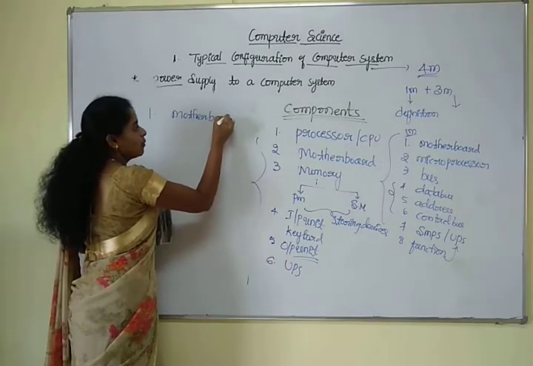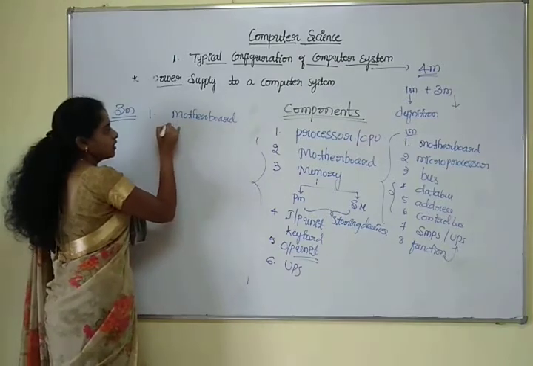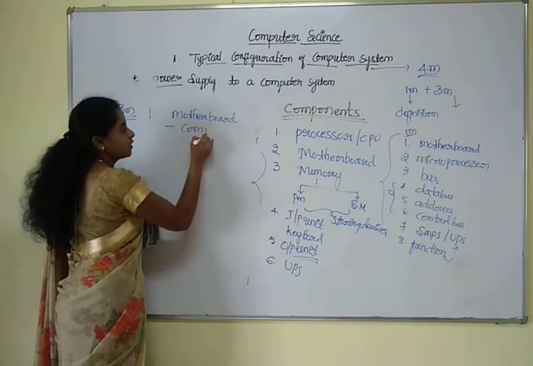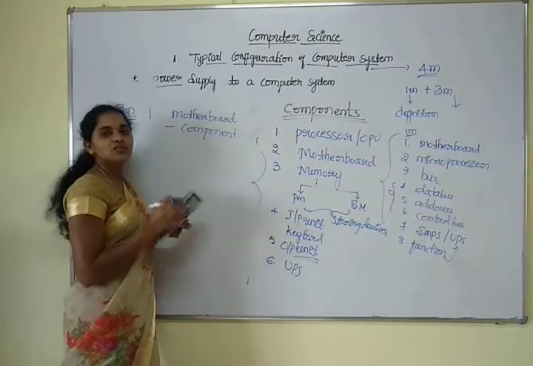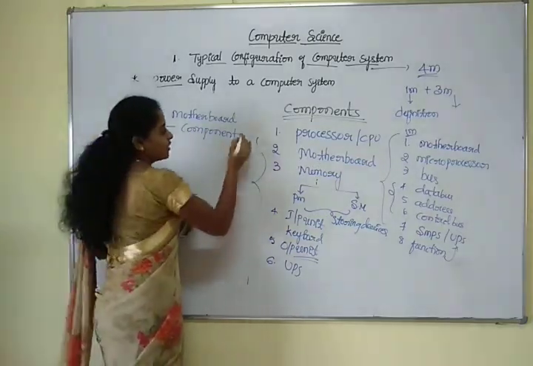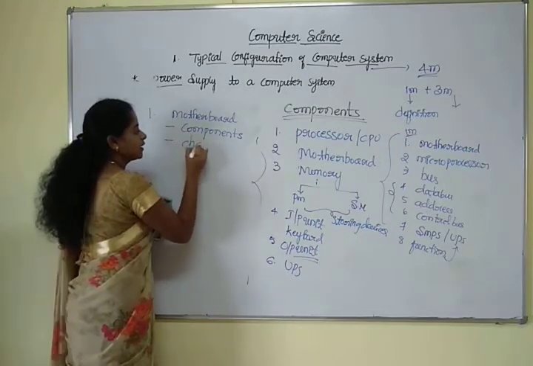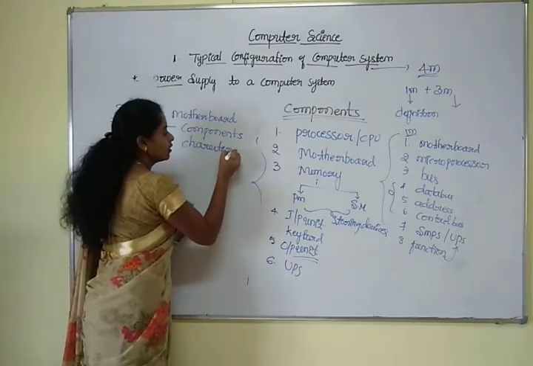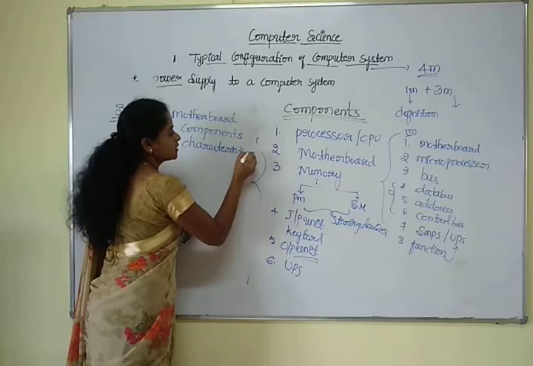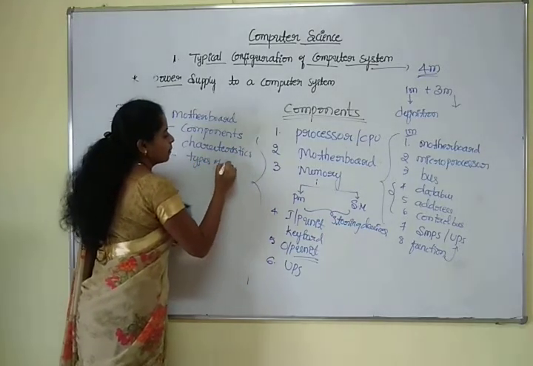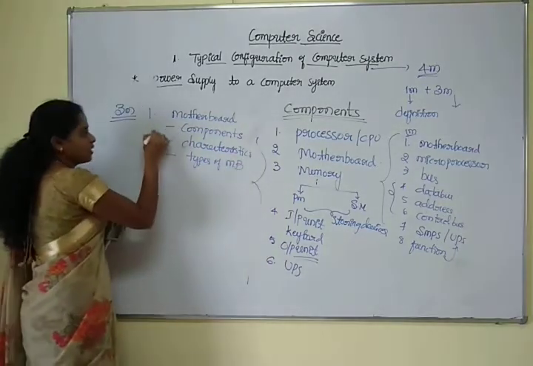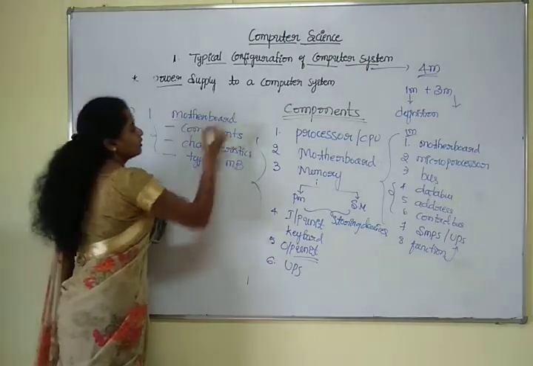In the different components, they ask about particular components for 3 marks. So components of a motherboard, characteristics of a motherboard, and the different types of motherboard. These 3 questions are possible on the motherboard concept.